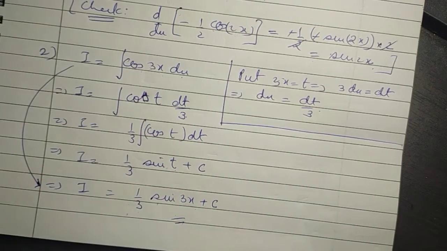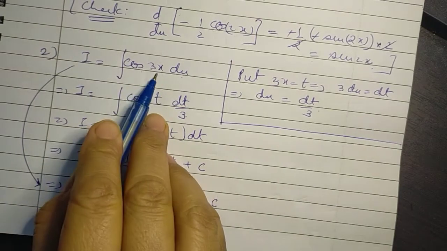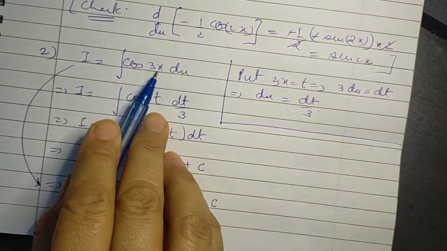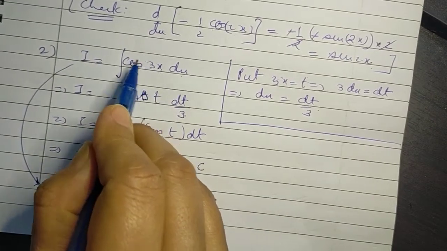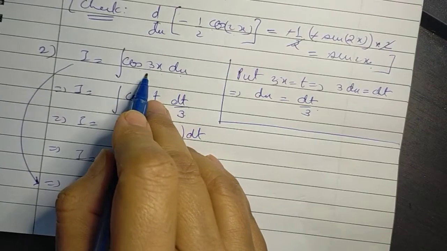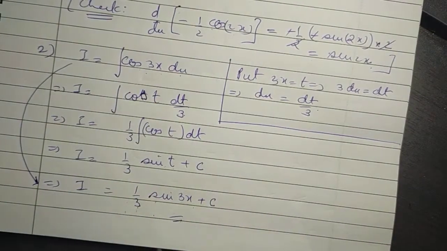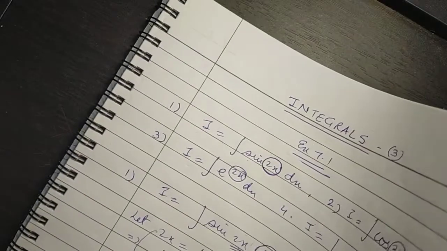But the only thing you have to be careful about is that in case of a function of a function, it's only the coefficient of x which gets either multiplied in case of differentiation, or divided in case of integration. So let's take the next kind of question, or let's take the third one first.